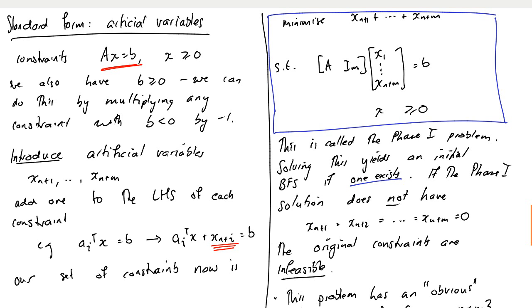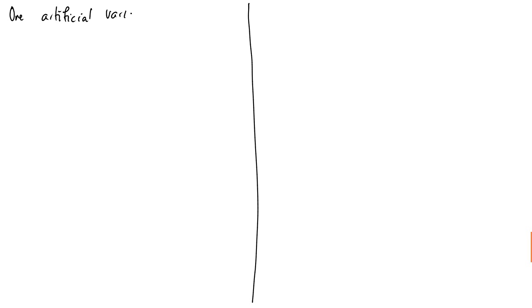Once again, we'll look at this method. It just uses one artificial variable. Okay, so again, we have constraints Ax equals b and x greater than or equal to 0.